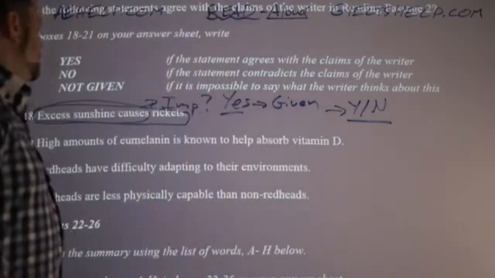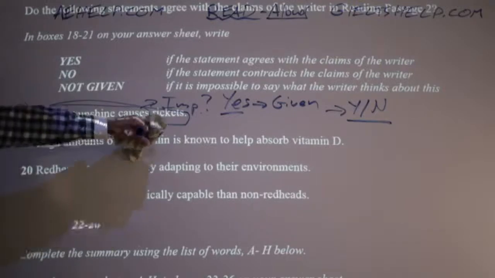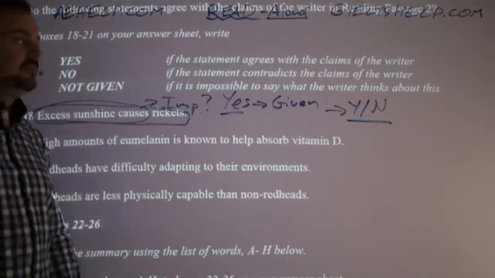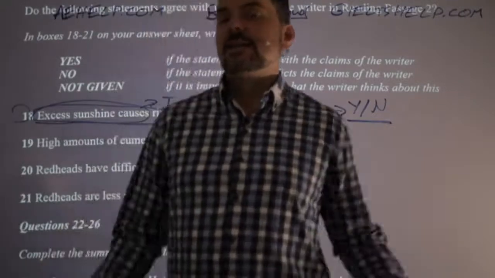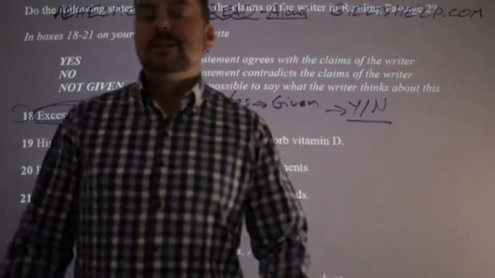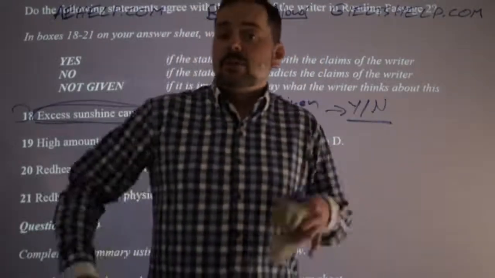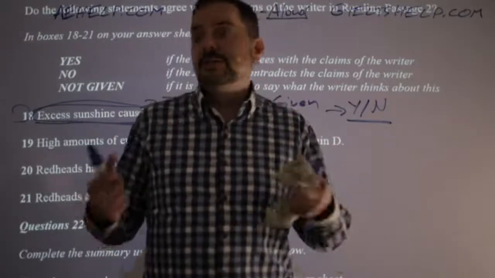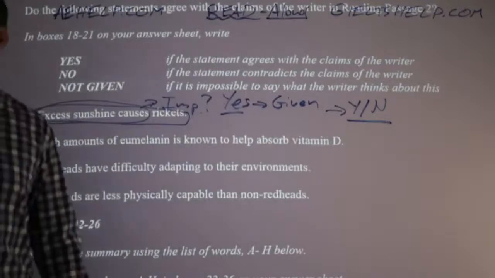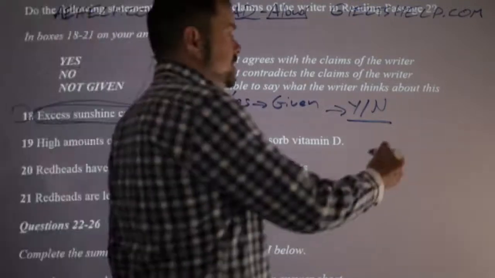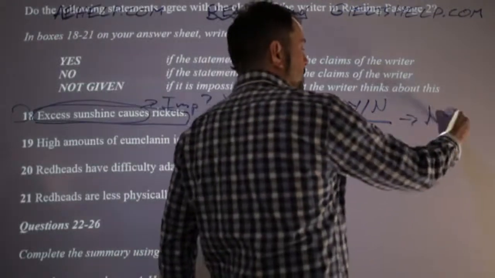So is it true that getting too much sun will cause rickets, a deformity of the bone? If I'm outside sun tanning, getting lots of sun, getting a nice color to my skin, am I going to get sick? My bones are going to deform? No, absolutely not, right? Sunshine is healthy for you as long as you don't burn yourself.